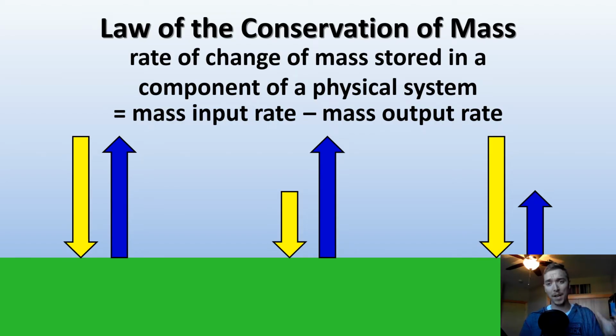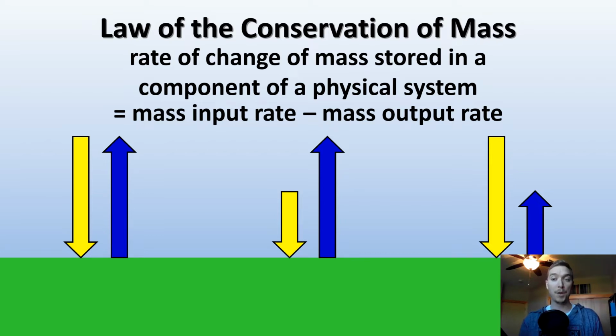But first, let's talk about another law. We talked about Newton's second law in the last lecture. Now we're going to look at the law of conservation of mass, which simply says that in a chemical reaction, mass is neither created nor destroyed. For example, the carbon atom in coal becomes carbon dioxide when it's burned.